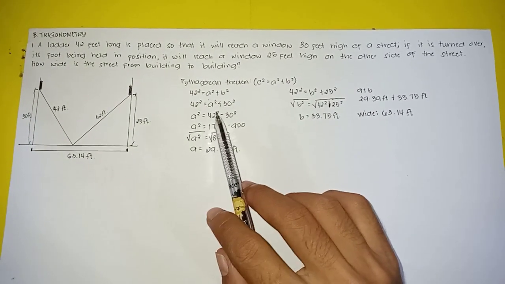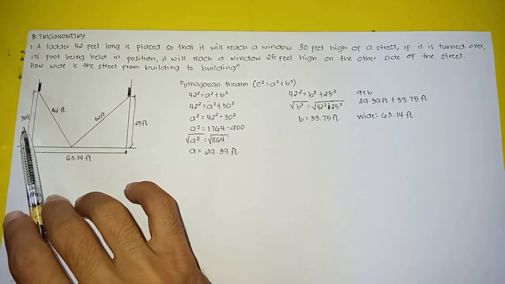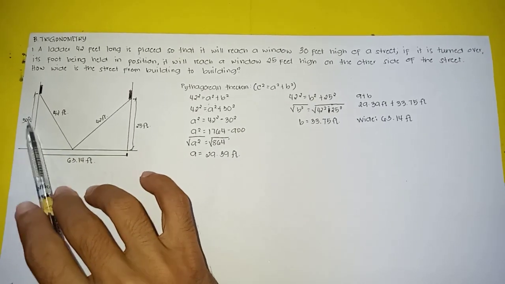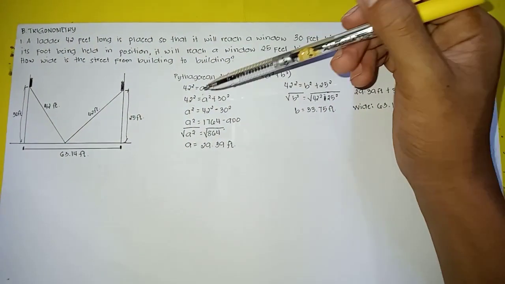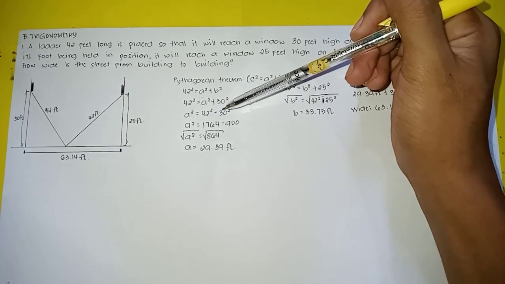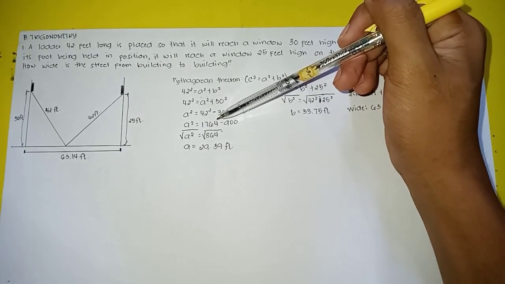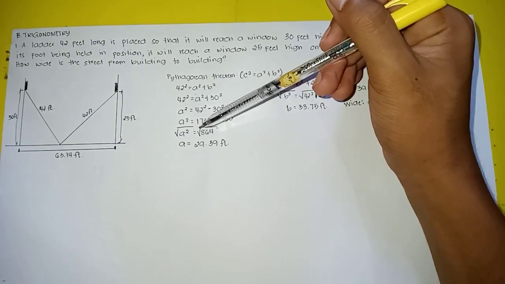30 feet is the height of the window, b. So a squared equals 42 squared minus 30 squared. 42 squared is 1764, and 30 squared is 900.